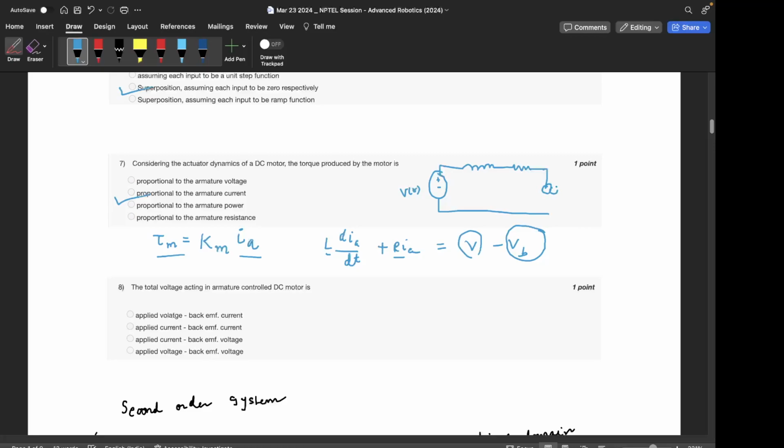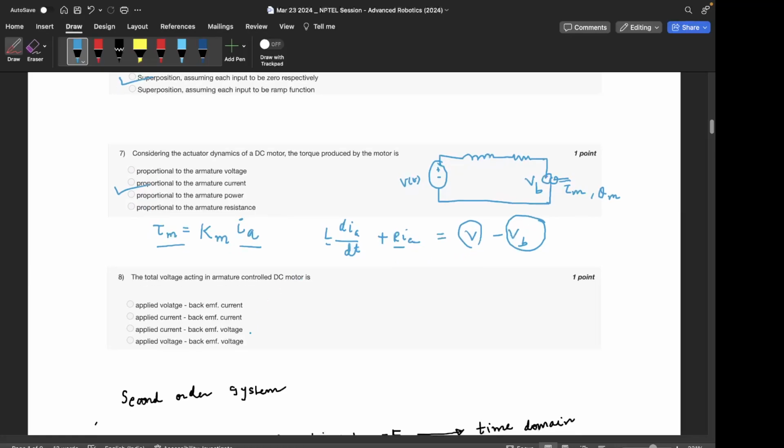And here is the motor, and here is the back EMF, and we get the motor torque here, and the position. The eighth question is also related to this only, that the total voltage acting in the armature DC motor is the applied voltage minus the back EMF voltage, right? So V minus VB. The back EMF voltage is in the opposite direction of the applied voltage, so we take the difference of these two voltages.